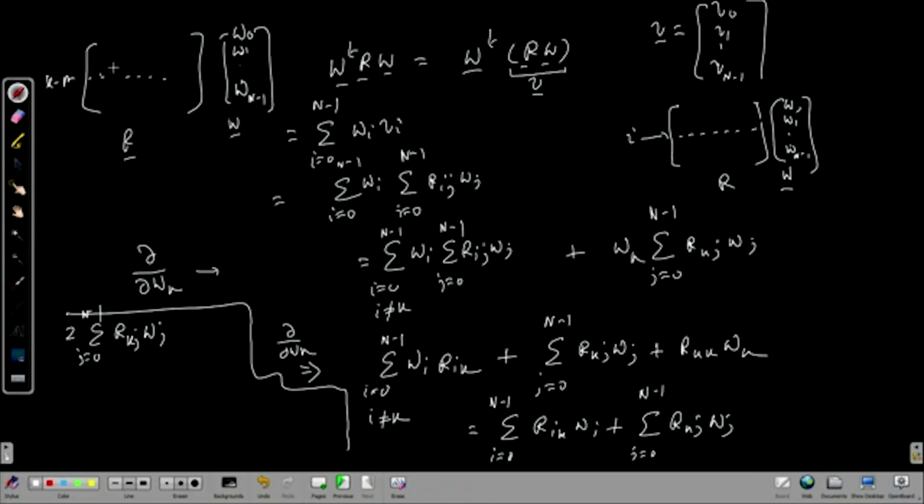So, if I carry out this matrix into vector product, the next entry from the top will be the derivative with respect to W 1 and so on. So, derivatives are stacked.